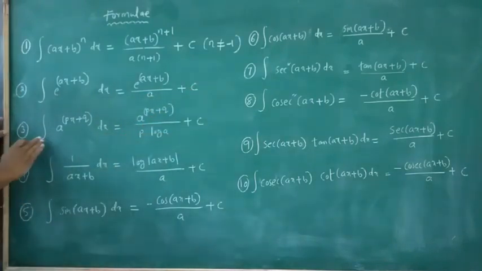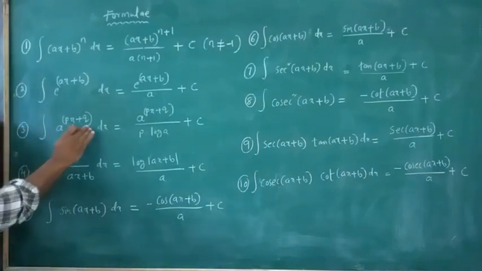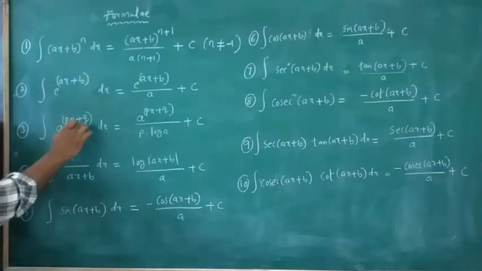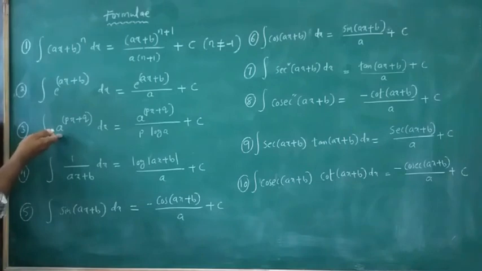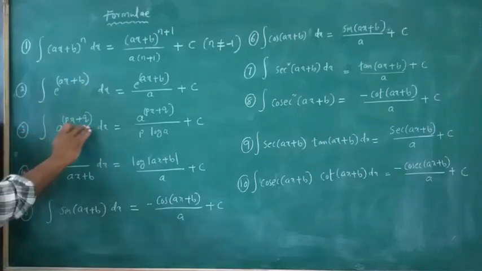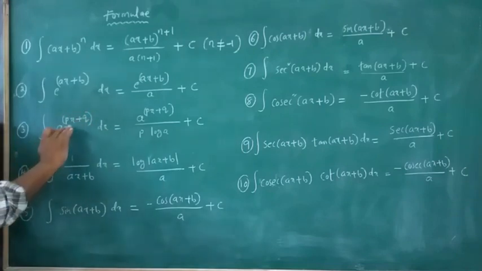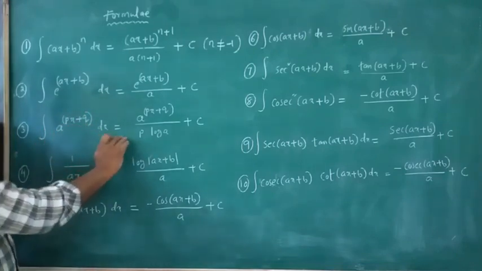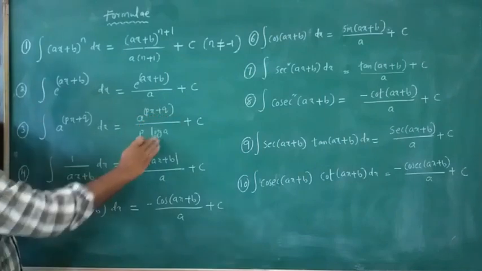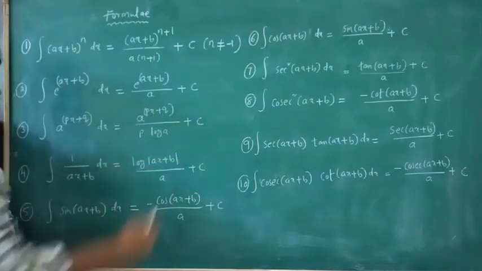Third one, the integral of a to power of px plus q. Here I did not take ax plus b because we already have a here, so you would have confusion with that. So I took px plus q. The integral of a to power of px plus q dx equals a to power of px plus q divided by p into log a plus c.